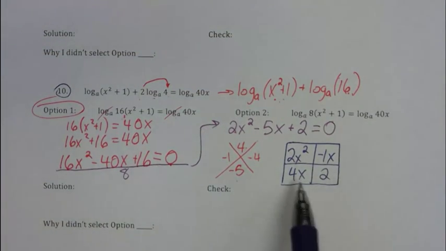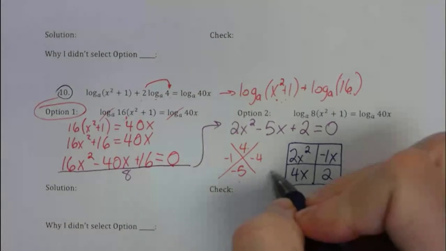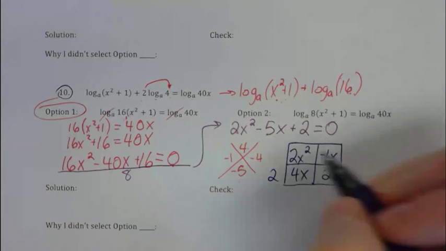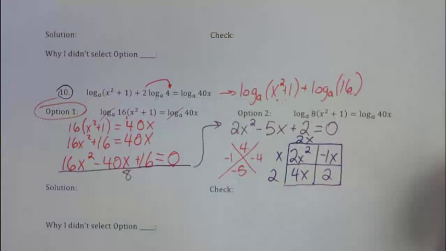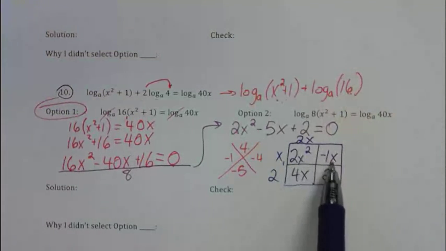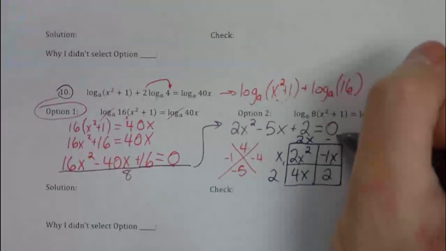So I'm just looking for what's in common in all my rows and columns. So I have a 2 in common, and then an x in common, and then a 2x in common. And you'll notice that x times something is negative 1x right there, so that has to be a negative 1.